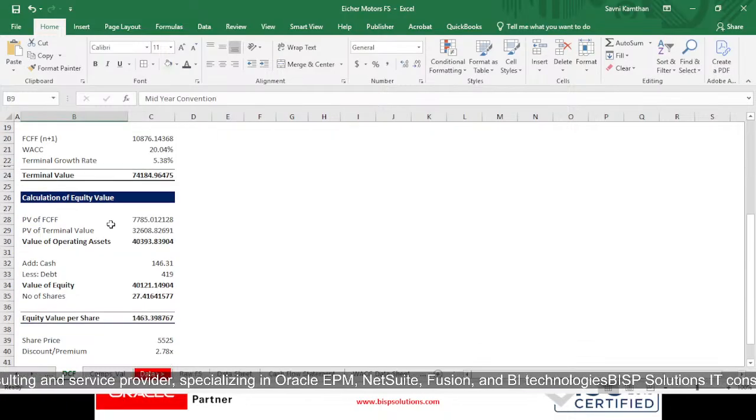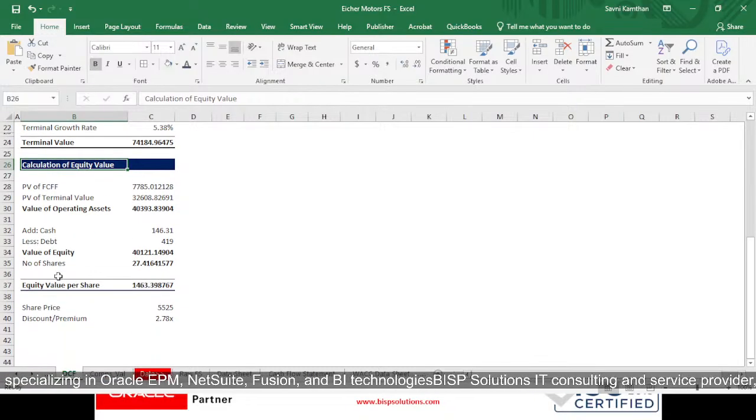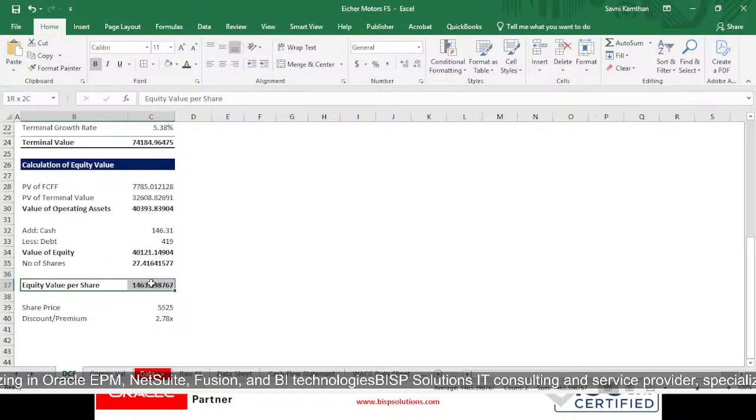Equity value per share, which we have calculated over here, is 1463.398. So this is what each share is truly worth based on business performance calculated, right?